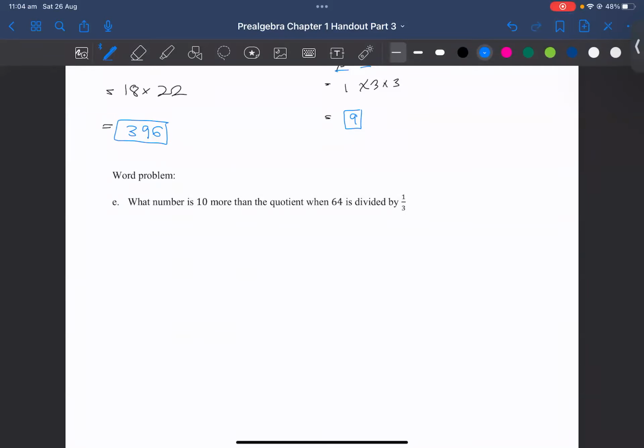When it says quotient, it just means you get the answer from dividing 64 by 1/3, and you add 10 to it. What's 64 divided by 1/3 the same as? If you convert this to multiplication, it becomes?